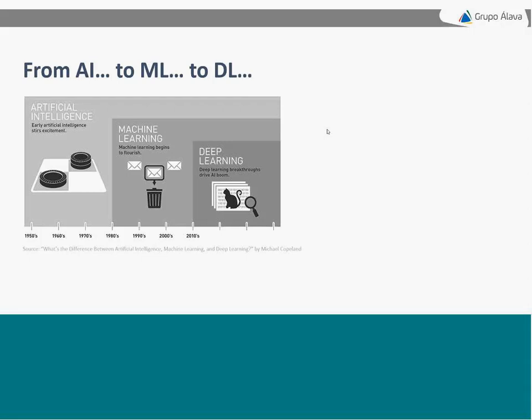So, first, to talk about deep learning, we have to go to the beginning and talk a little bit about artificial intelligence. It began in the 50s with the computers, and it was like a dream. About artificial intelligence, machine learning, and deep learning, what we have to know is what the differences are between them.